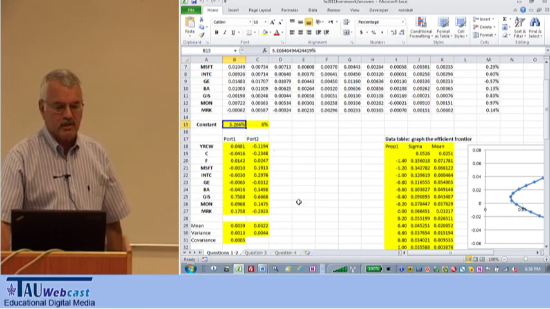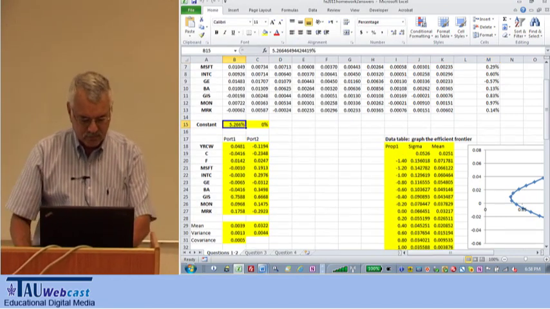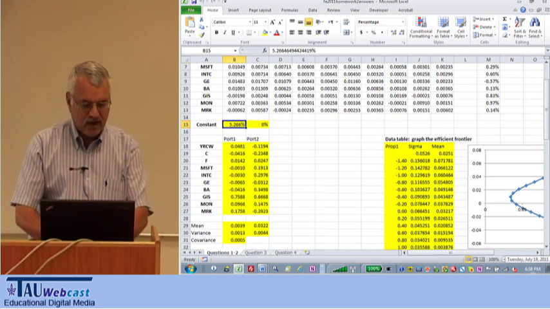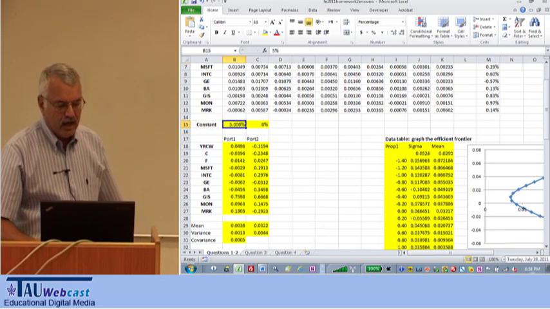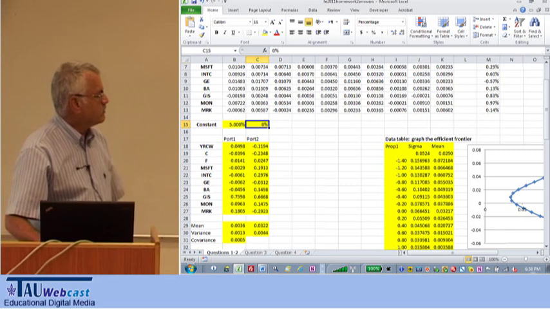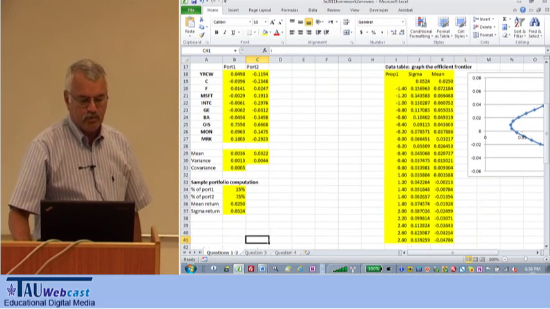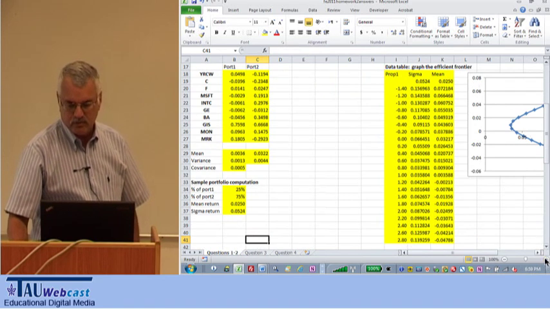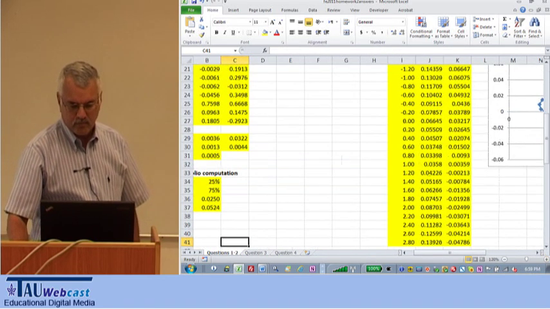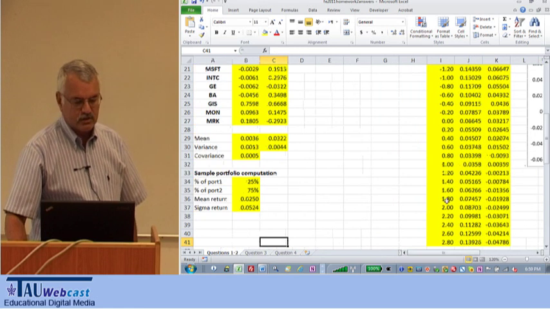Here in this particular exercise, I took, let's say, 5% and 0%, and I found 2 portfolios. Then I did a sample portfolio computation. That's the one down here.